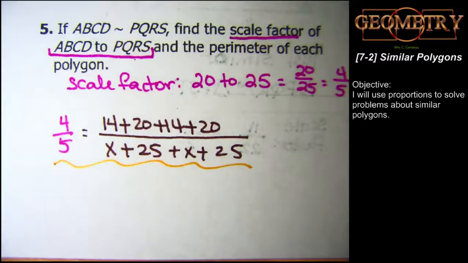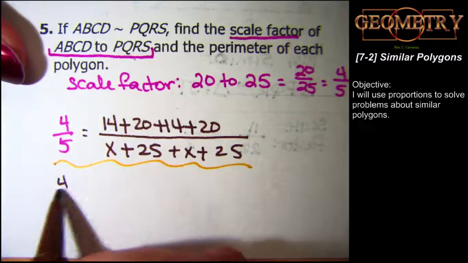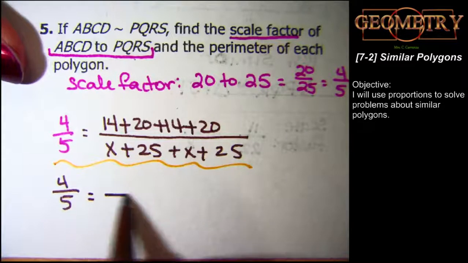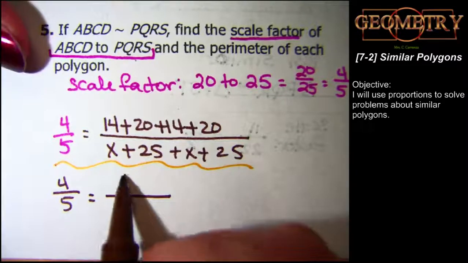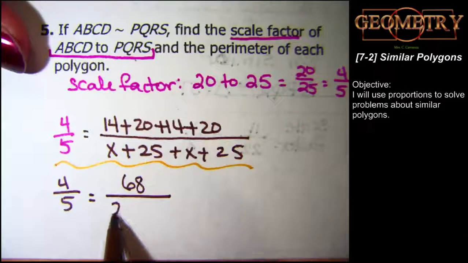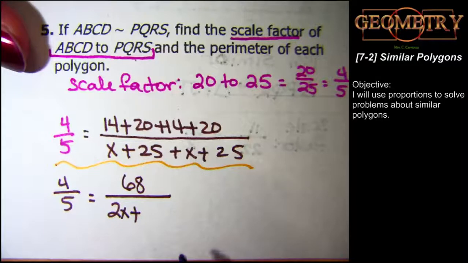But let's start combining like terms. I don't have anything to do here on the left. The right-hand side on the top is going to become 68, okay. And the bottom is 2x plus 50.